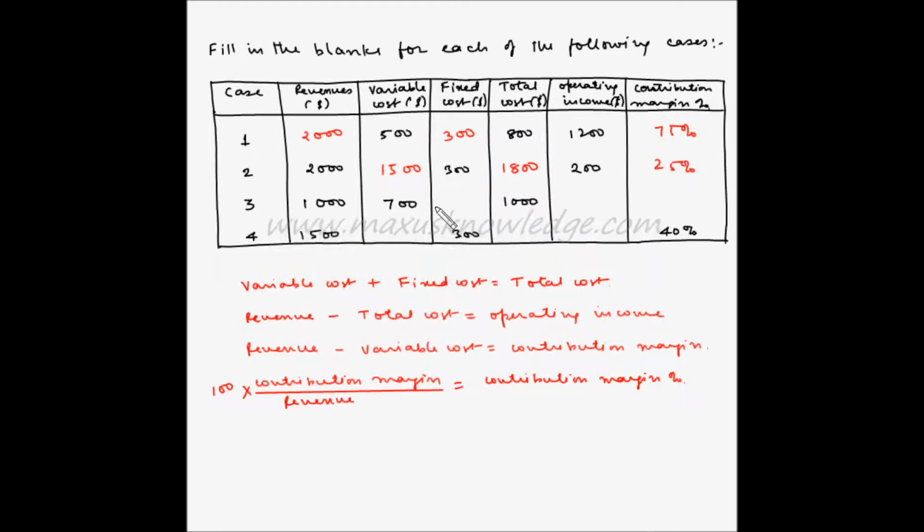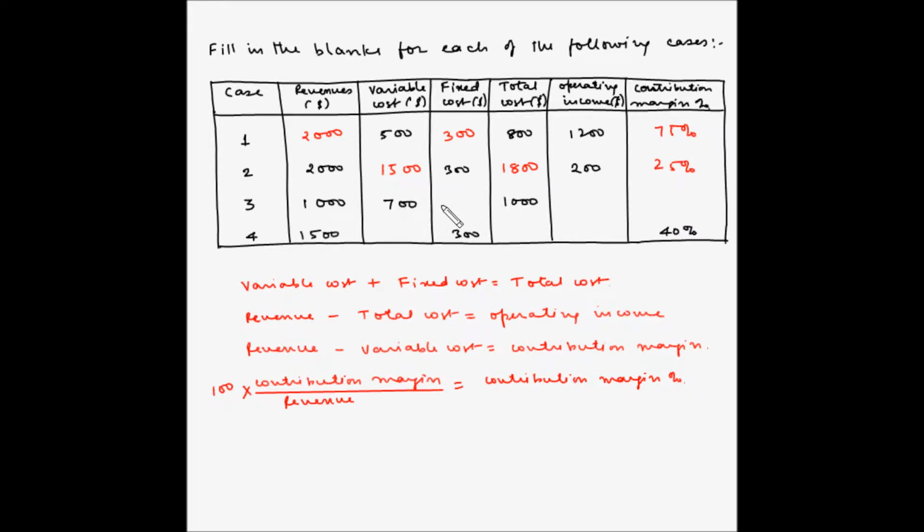Now let's take the third case. So revenue is $1,000, variable cost is $700. We don't have the fixed cost. The total cost is $1,000. We don't have the operating income, and we don't know the contribution margin percentage.